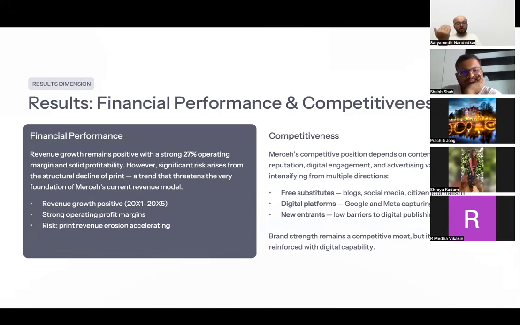The company is also facing competition from free content that is posted online, from other digital platforms, and from new entrants into the digital publishing space, because the barriers to entry are pretty low.